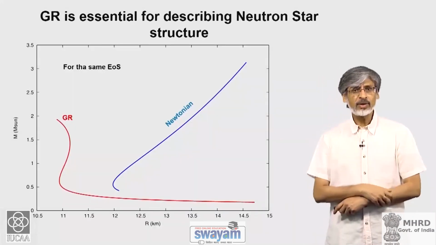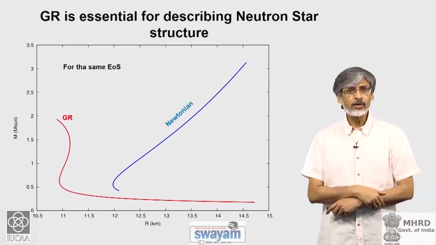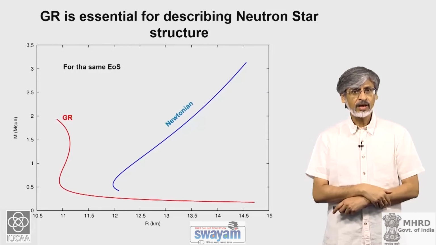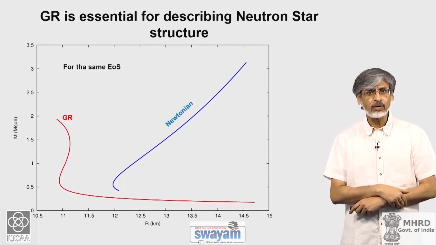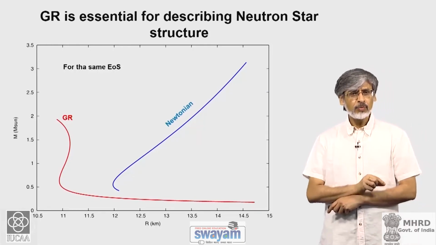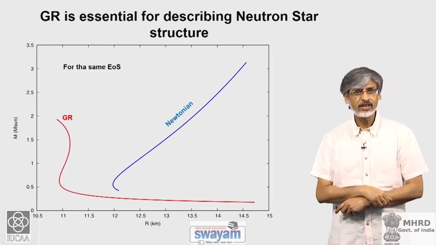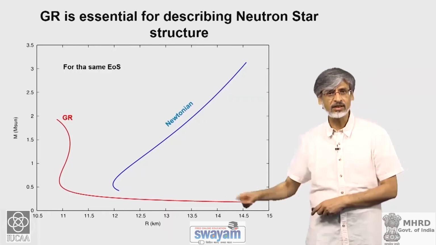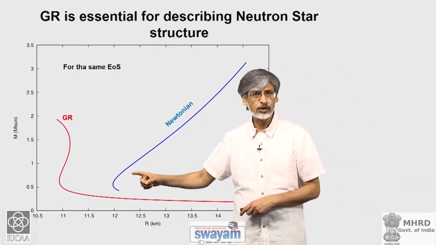One thing we must realize is that for describing neutron star structure, GR is essential. Unlike the white dwarf case, where we found GR made a small difference in the mass radius relation, in the case of a neutron star, if you did not use GR, we will get a completely wrong mass radius relation. And this is what is shown here in this diagram.